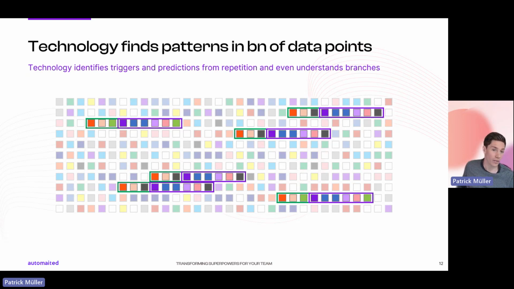So they find triggers here marked in green, and also predictions on repetition, and basically understand different branches and processes, right? So if I see a certain pattern, for example, or I've seen a couple of different processes multiple times, okay, this is when a process starts, this is basically the trigger for it, and this is what's going to happen next, right? So they would predict, now you're at this position, let me do the next X steps for you, right?